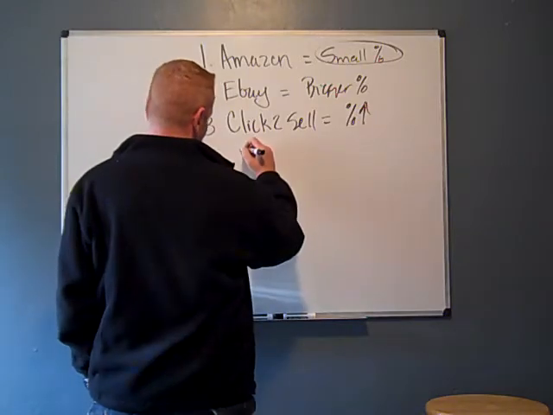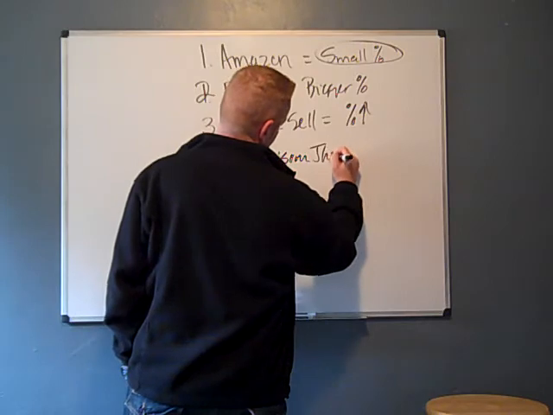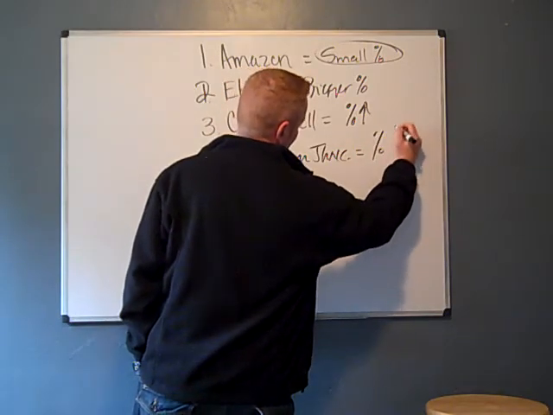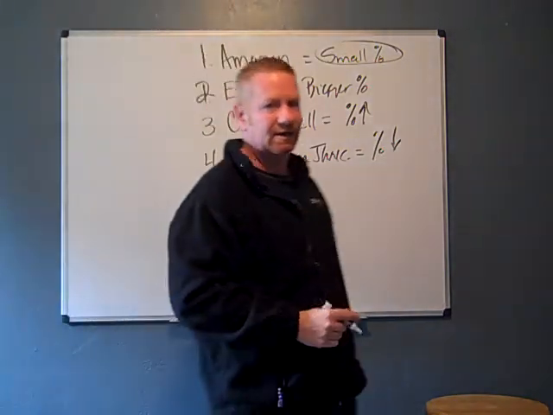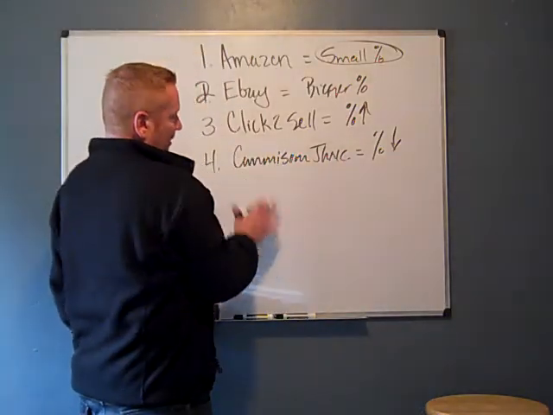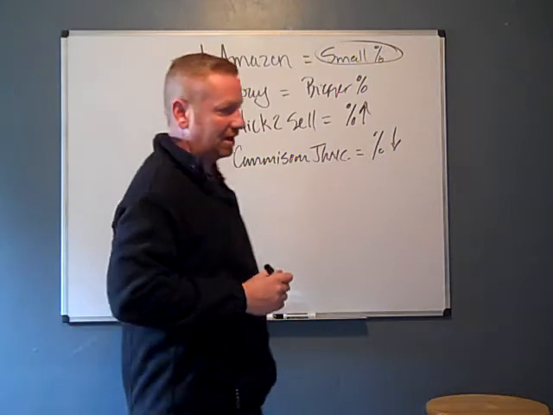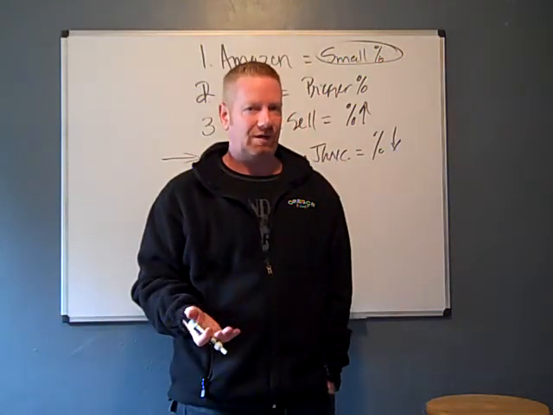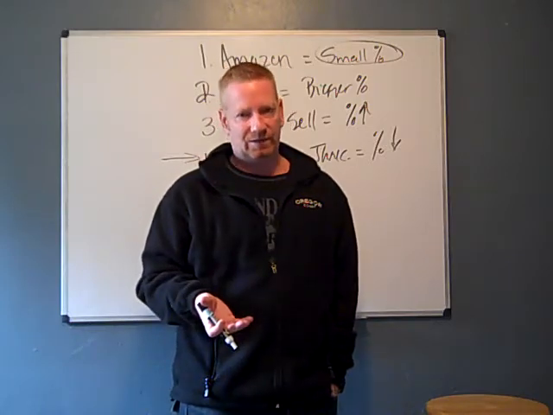Another one is going to be Commission Junction. Commission Junction also has kind of a smaller percentage, like Amazon, for the most part. It's going to really differ, but I'm going to tell you this right now. This one has a much more complicated process, especially for you the beginner out there, of going in and getting links and doing all the work that you need to do.